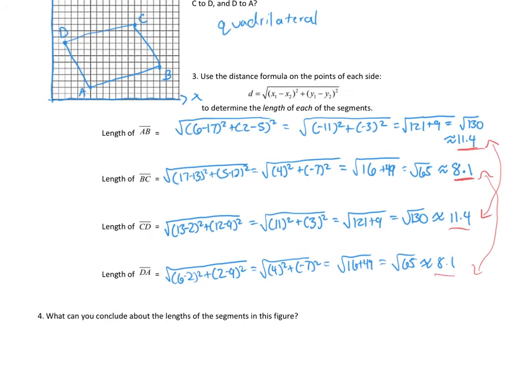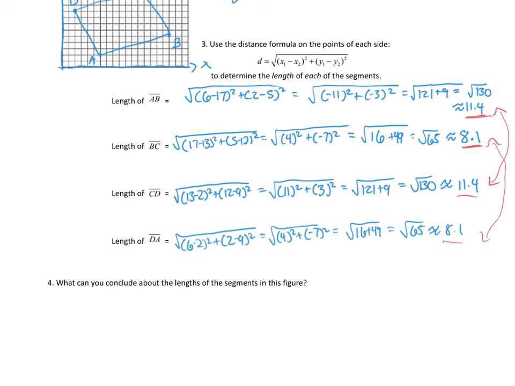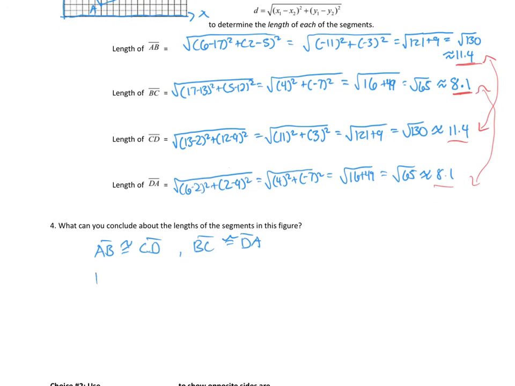So we do have opposite sides congruent. AB is congruent to CD and BC is congruent to DA. So the opposite sides are congruent. So this is a parallelogram.